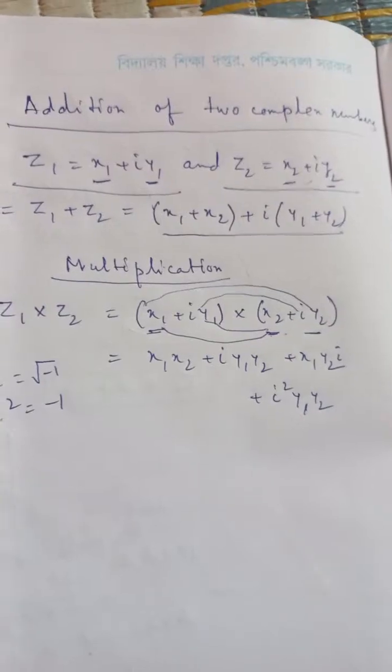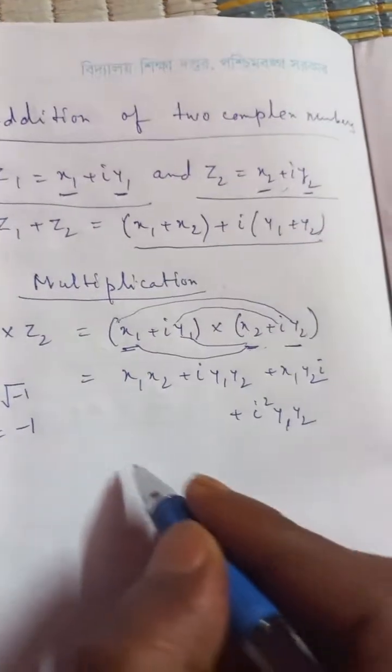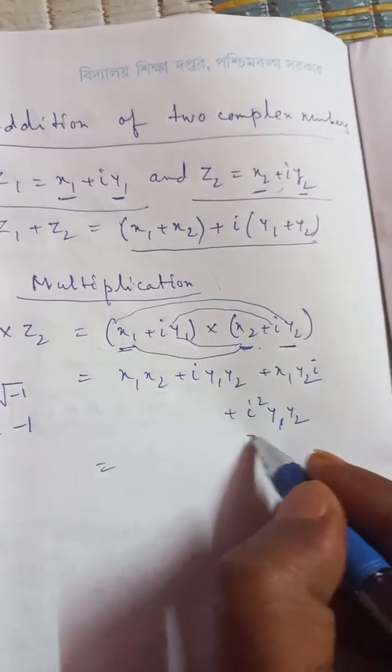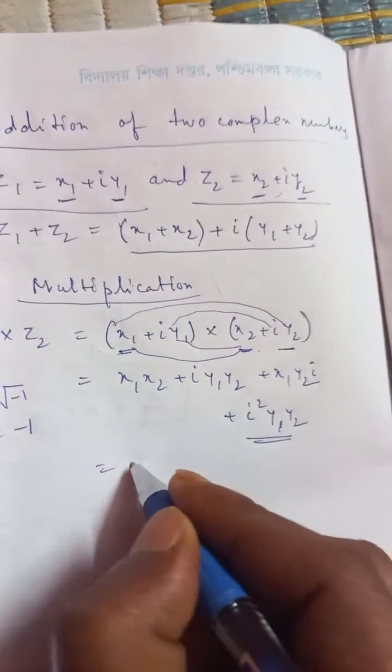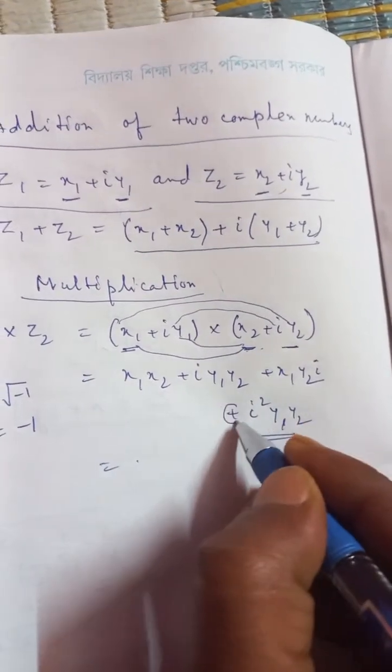So we put iota square as -1, then it becomes a real number, and the plus becomes minus.